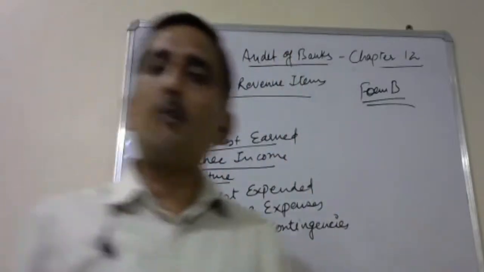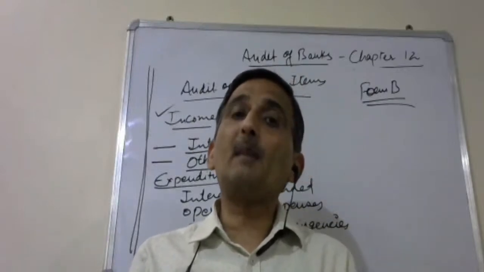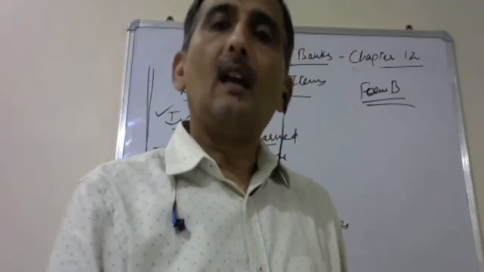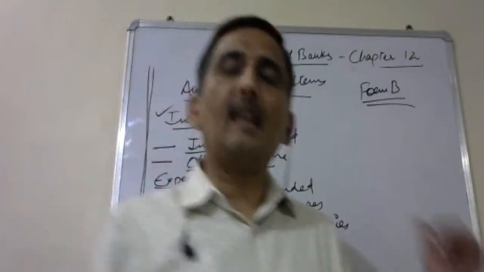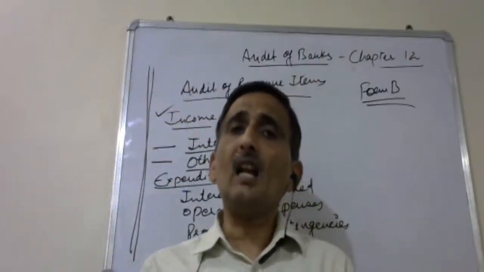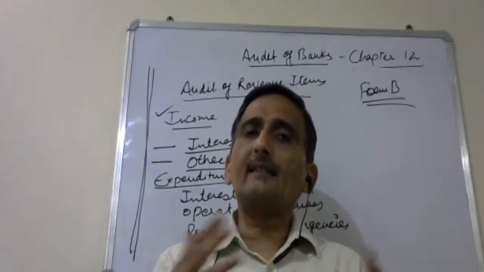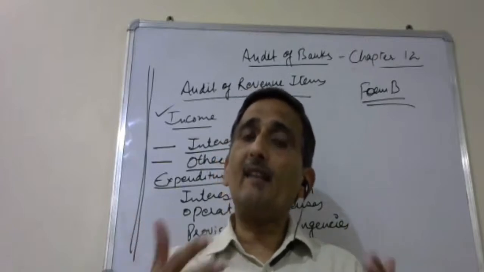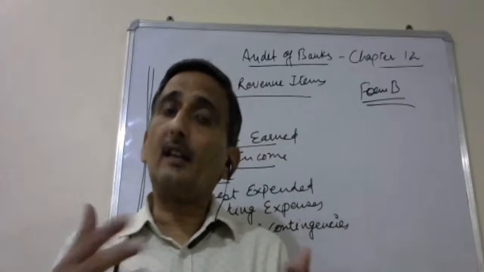Another example of other income can be locker rent, where people deposit their valuables. Another example of this head could be processing charges levied by banks on cash credit facilities or on credit facilities.